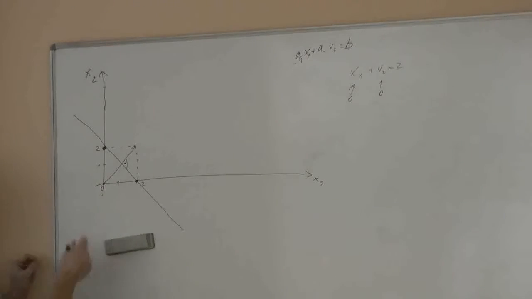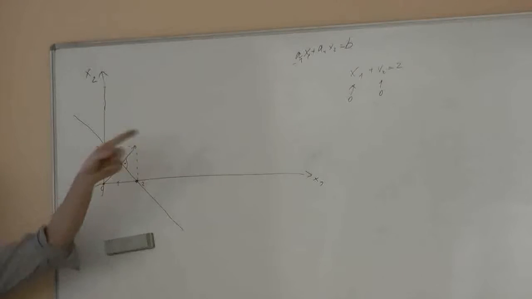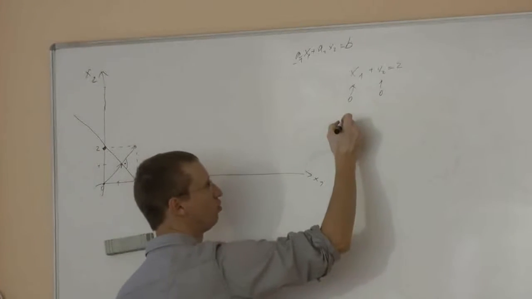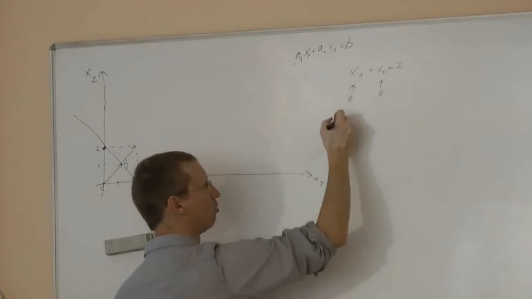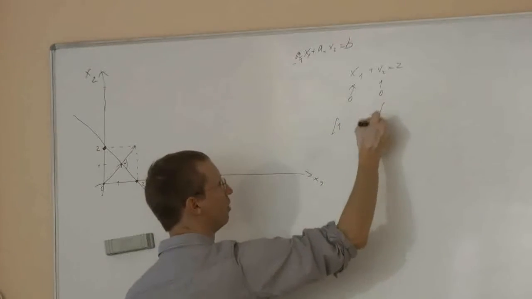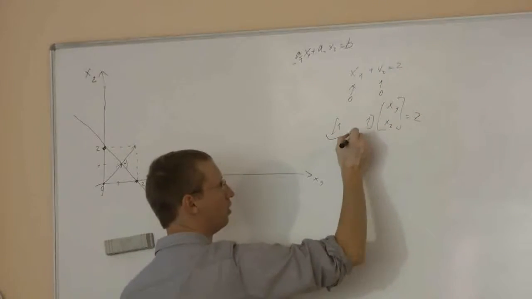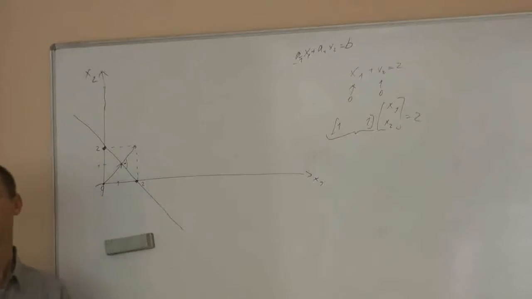Actually, I didn't have to go all the way there. It could also have been this vector, 1, 1. Can you see a vector 1, 1 somewhere? Again, put this into the compact matrix form. That's 1, 1 times x1, x2 is equal to 2. There is our 1, 1 vector.